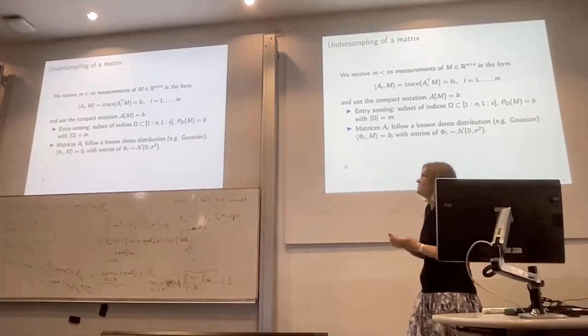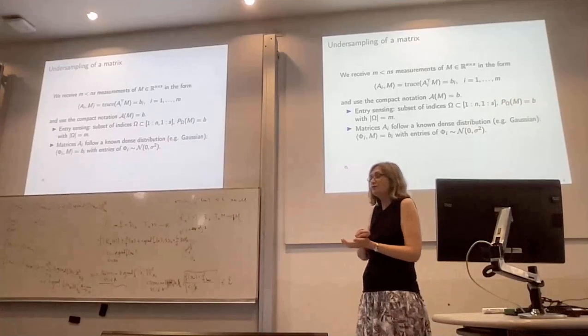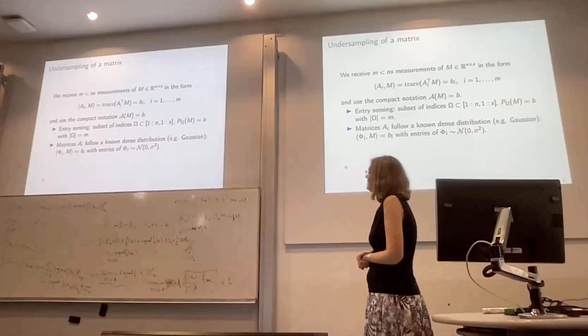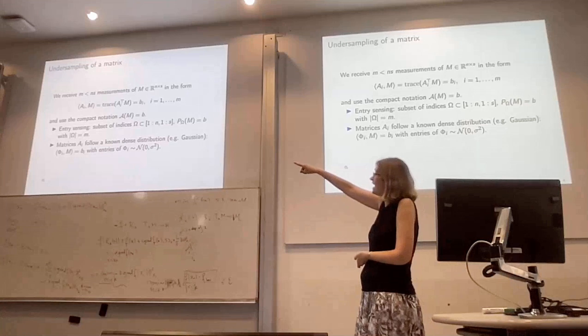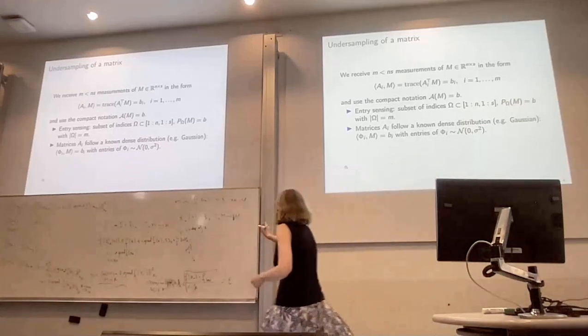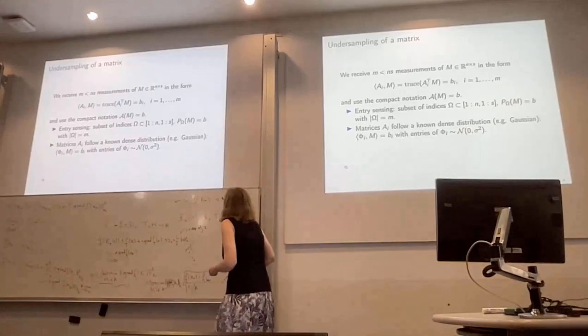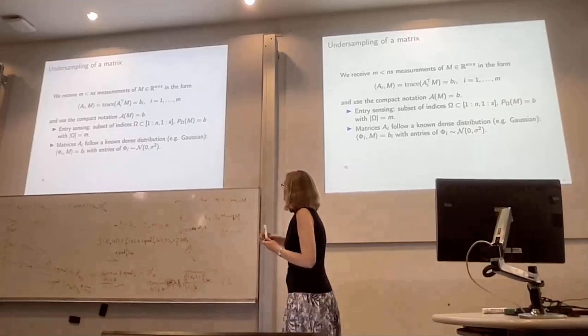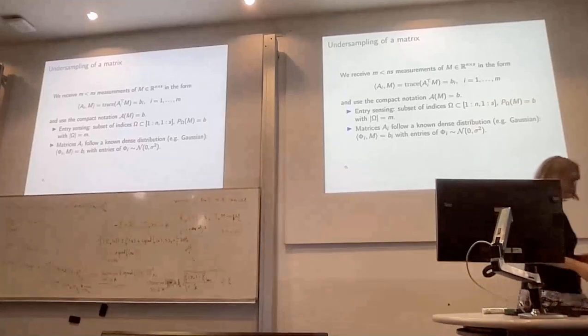So we want to recover M from as few measurements, as little information as we can. So we want the number of measurements to be less than n times s, the number of entries in the matrix.